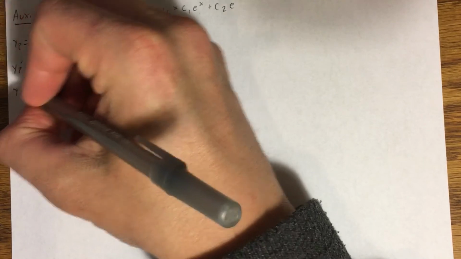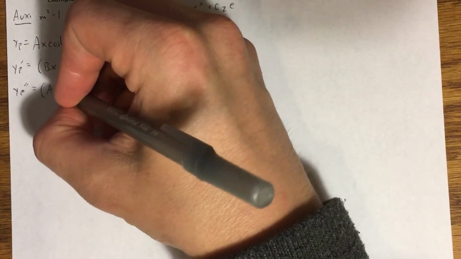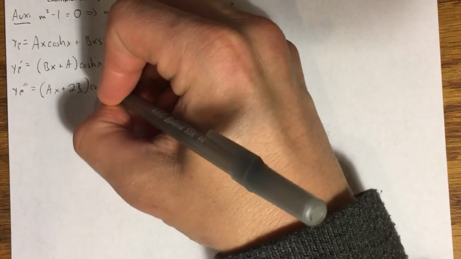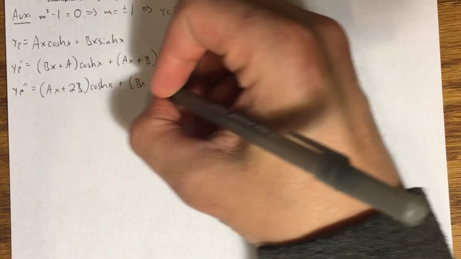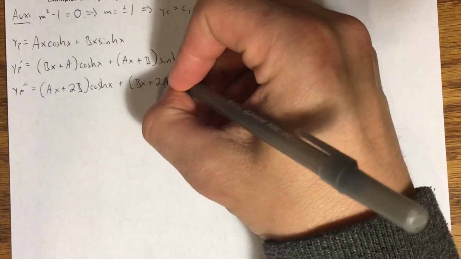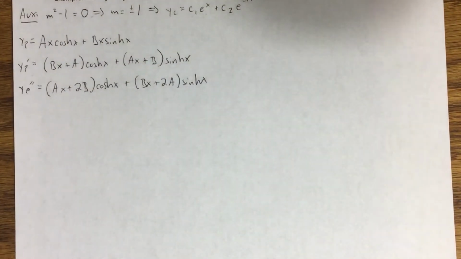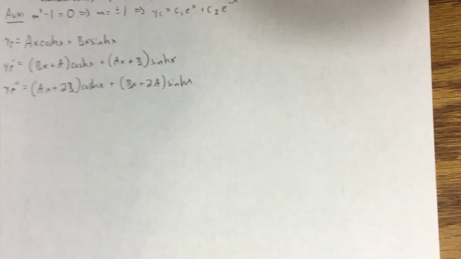Yp double prime, what's that equal to? Well, that one, after simplifying, is going to look like ax plus 2b cosh of x plus bx plus 2a sinh of x. Okay? Again, skipping a bunch of steps there, but you should be able to fill in those gaps.